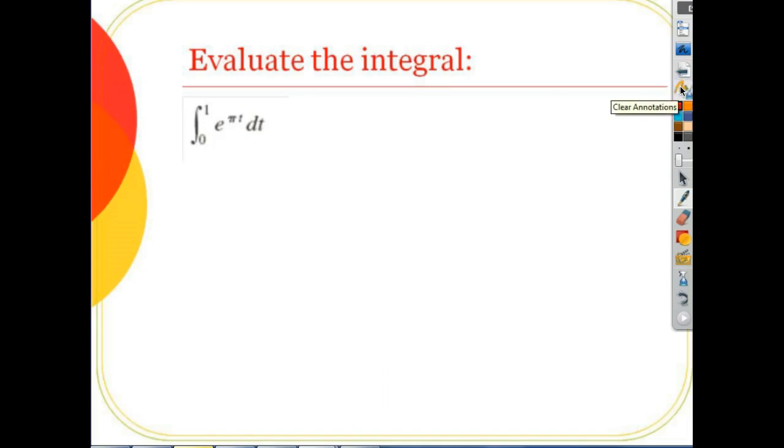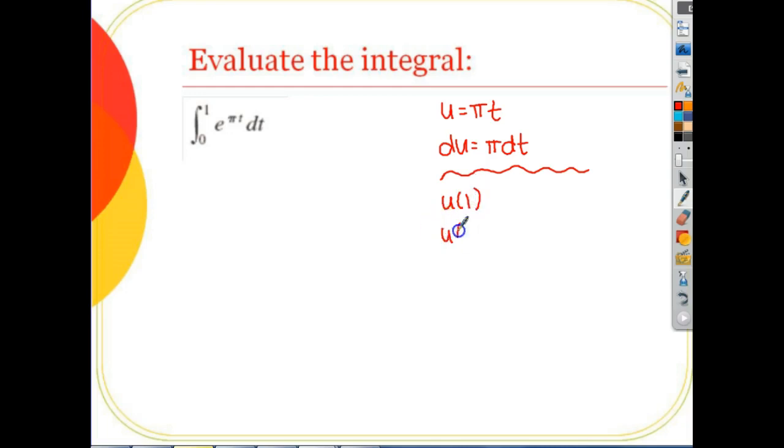The only thing new now is we have bounds. So all of those had plus c's, all of these have bounds. So u is pi t, du is pi dt. If you want to change your bounds, you need u of 1 and u of 0.